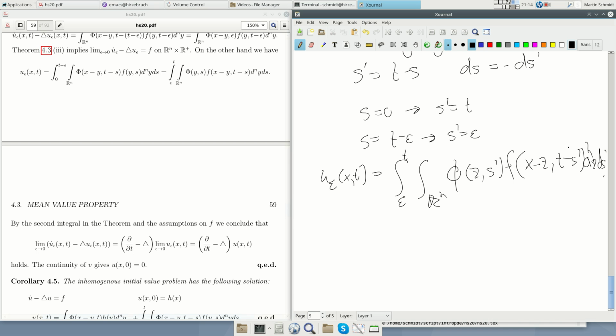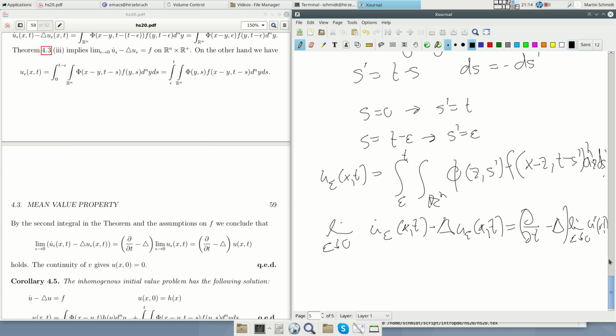The limit only acts here, and the derivative only acts here. So we have indeed the limit epsilon goes to 0 of u dot epsilon of x,t minus Laplacian u epsilon of x,t. This is the same as first taking the limit, u epsilon of x,t, and then the derivative.